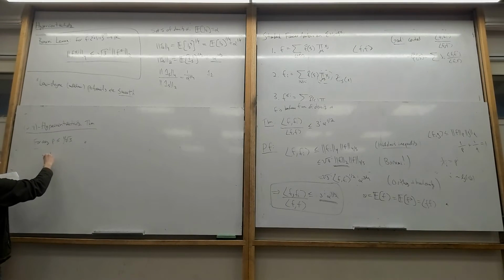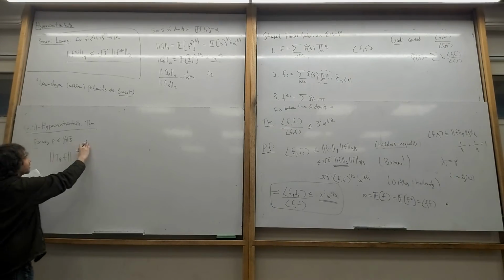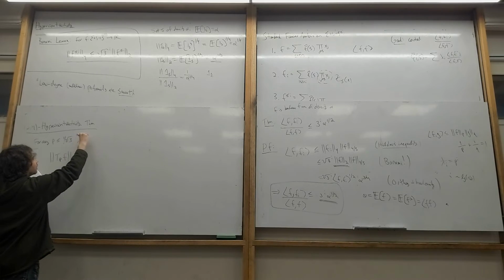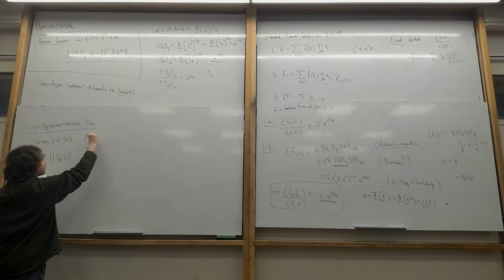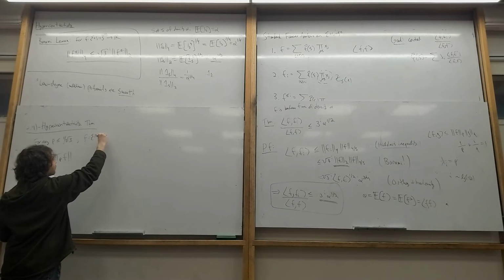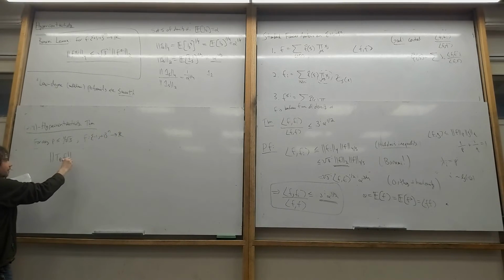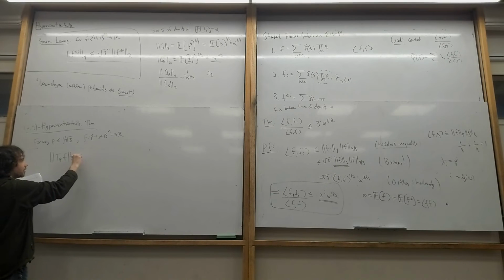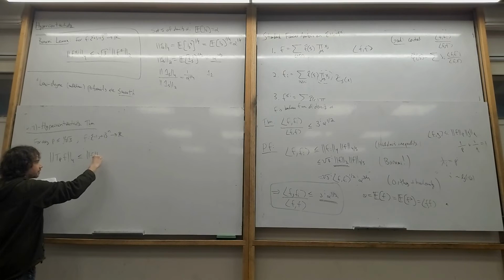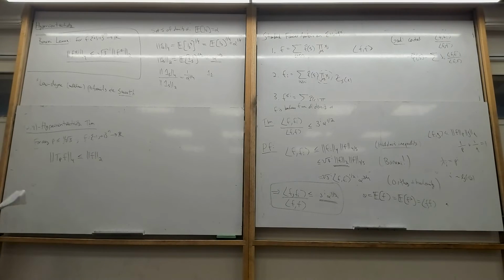We have that the fourth norm of T rho applied to F, for any F on the hypercube, is at most the 2 norm of F. What is the statement saying?